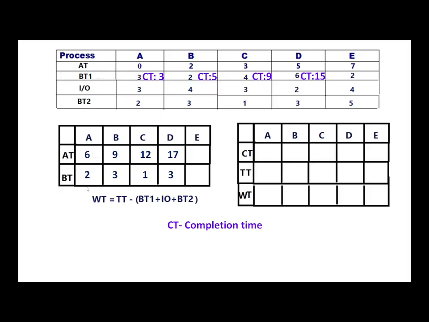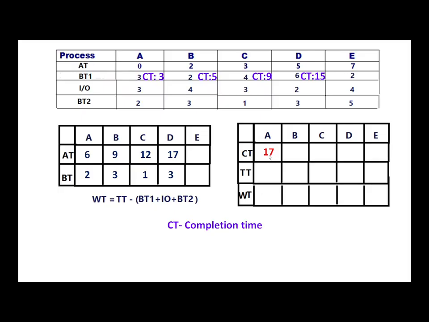So 15 plus its pending burst time added together, 17 is the final completion time of A, and it no longer needs to run in the CPU. It has totally completed.